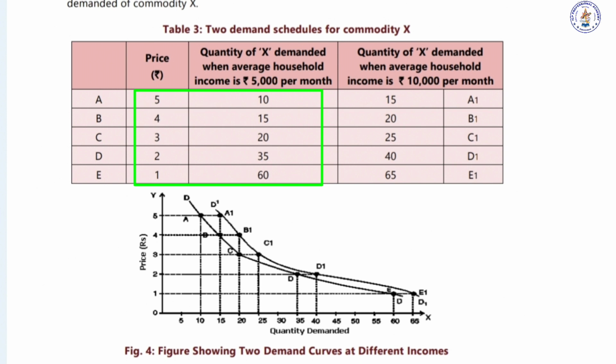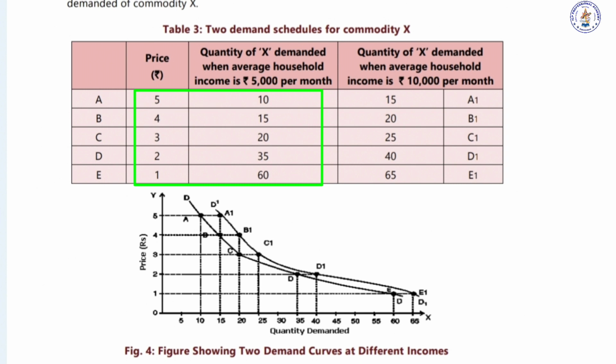When he is getting only 5,000 per month, and when the product price is 1 per unit, the commodity demanded by the consumer is 60 units. When the price shifts to 2, he reduces it to 35. When the price moves to 3, he reduces it still further to 20 units.